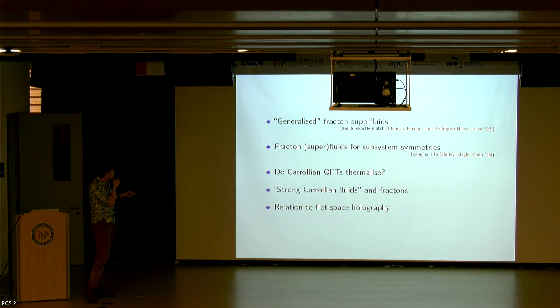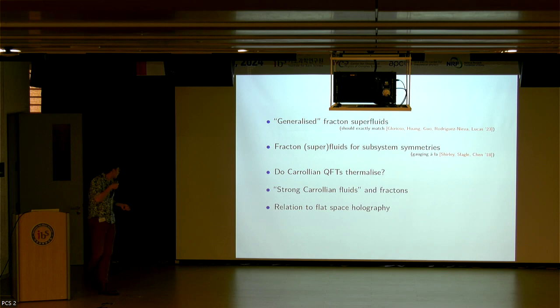So it would be interesting to play the same game, but to do it in terms of these more general gauge fields. And this should be related. In this paper they have a slightly different gauge field as well, and then this should just match what these guys do on the nose.